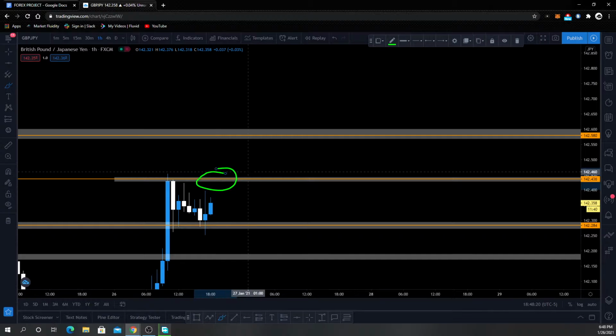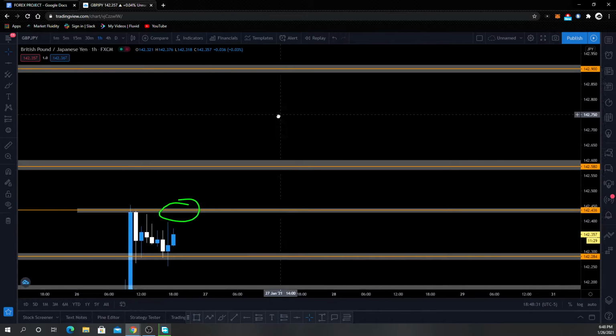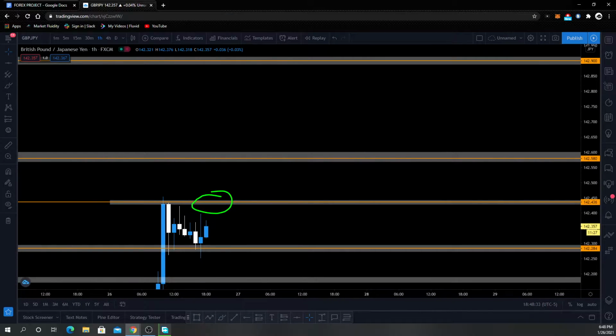So I want the price to come here, close, and give me the confirmation like, okay, we broke above the level, and we should keep on going, which will be a very good indicator for us to enter buys. If we do get that, so we get the push, we get the close, the retest, or the confirmation, then this should be our first level.